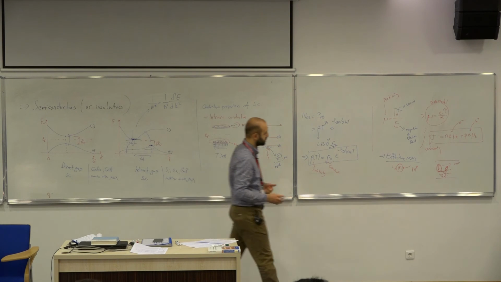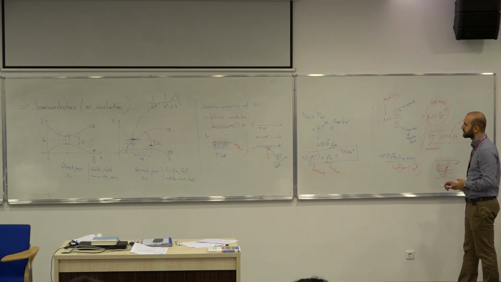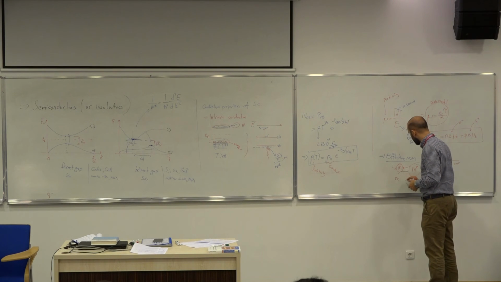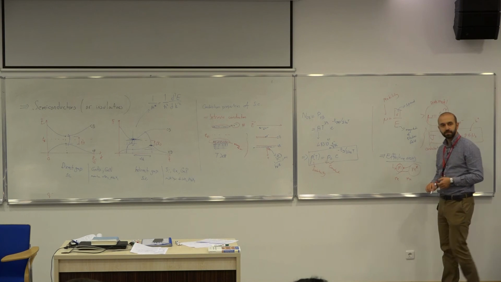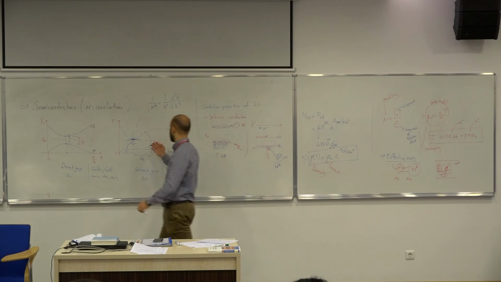So it turns out this is a very valid approach, and this effective mass needs to be done for both electrons and holes. Because, I mean, this turned out to be a nice example.